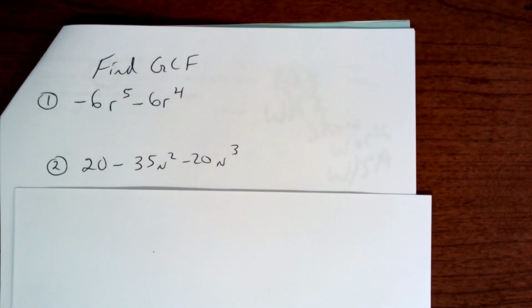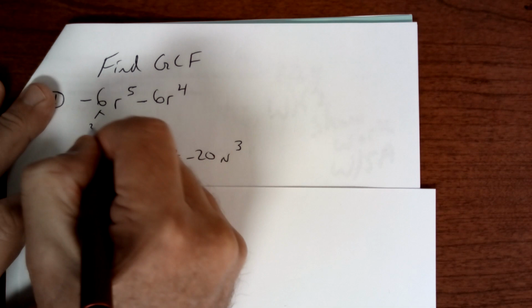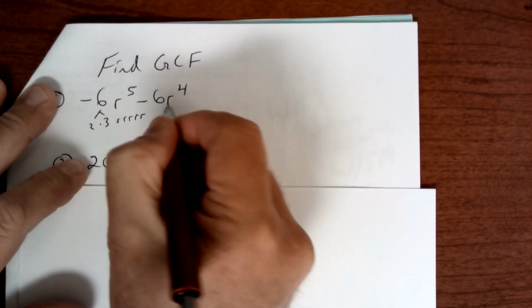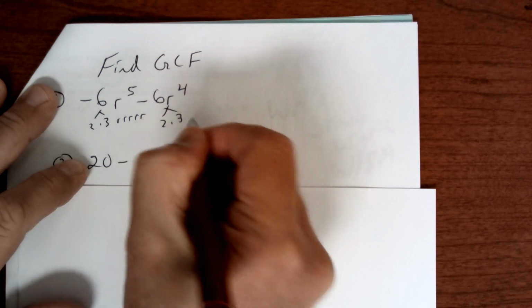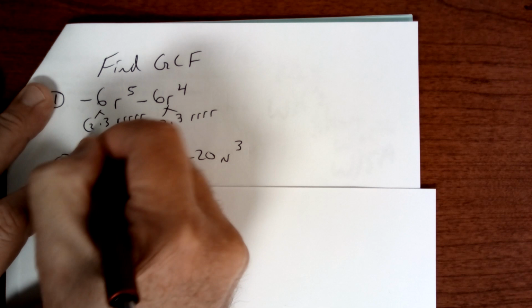Let's turn our attention now to college algebra. Okay, here's how I want you to do this. I want you to break this down. 2 times 3, 5 r's. 2 times 3, 4 of them. What do they have in common? They have a 2.